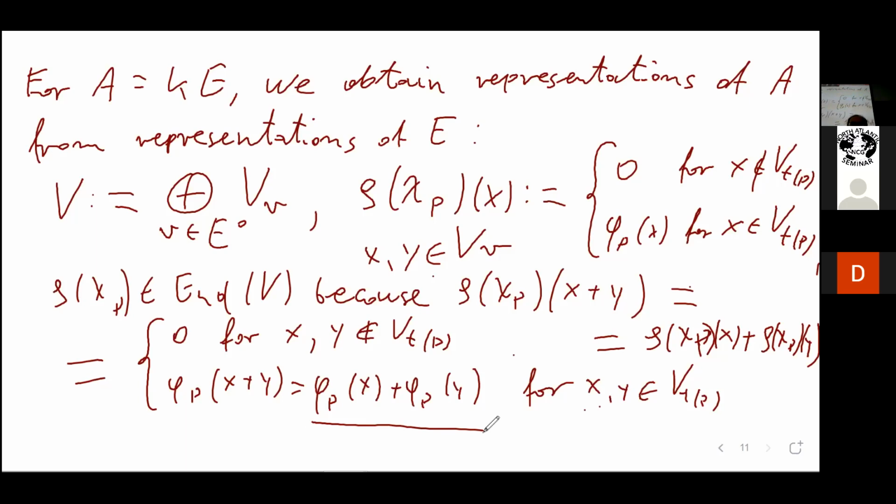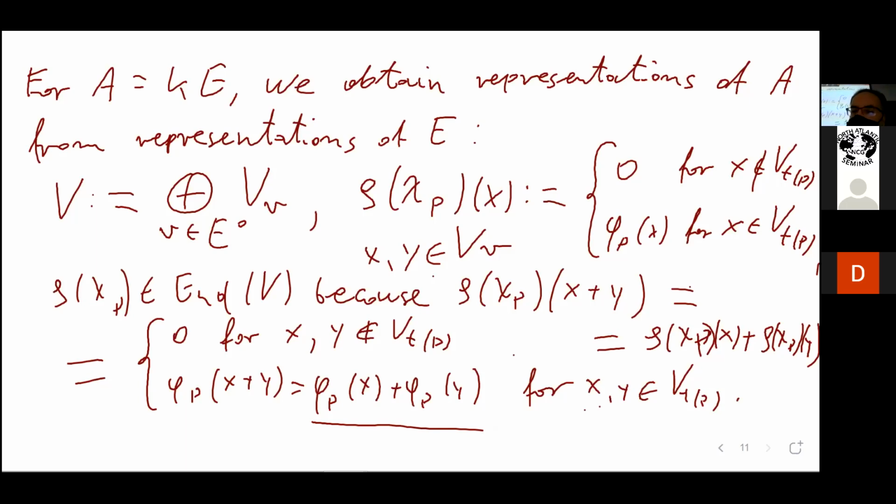Okay, and exactly the same with a scalar multiplication. When I take x in VTP and I multiply it by A, then AX is also in VTP, and then phi p is a linear map, so this will pop out. And if X is not in VTP, then A times 0 is still 0. So yeah, good. Okay.